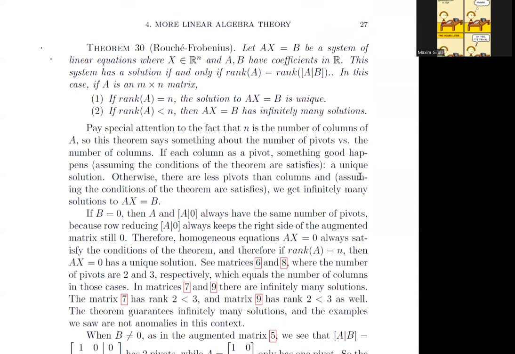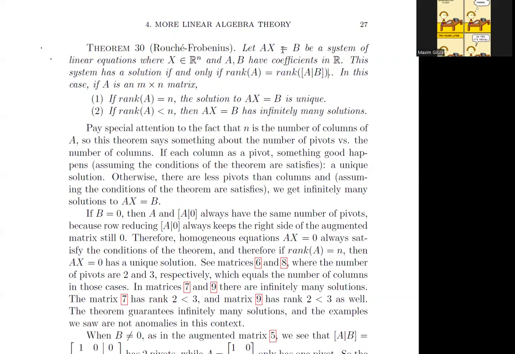So here's a big theorem, Rouché-Frobenius. Let AX = B be a system of linear equations where x is in R^n and A and B have coefficients in R. We could talk about the theorem if coefficients are not in R as well, but for now, just real numbers. The system has a solution if and only if the rank of A is the rank of [A|B].